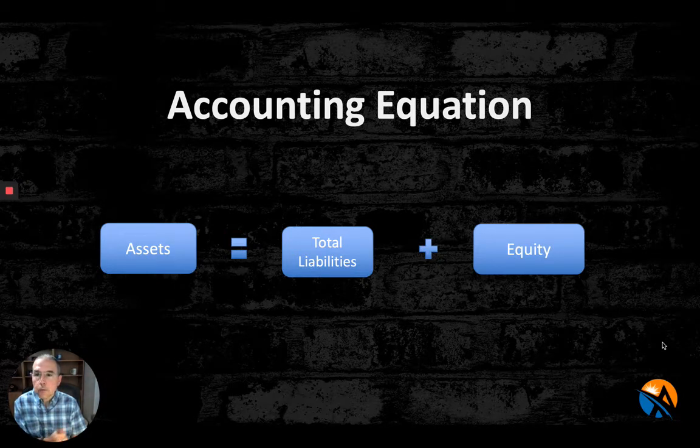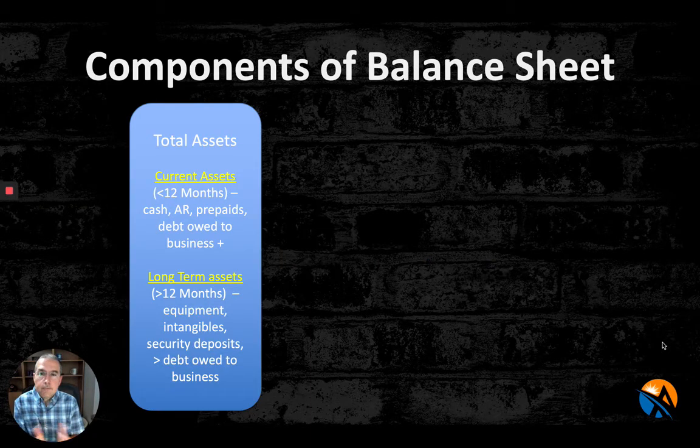So let's go through the components of what a balance sheet would look like. First, you start with your total assets. This is your home in my analogy earlier. What you would do is you would break down your assets into two main sections. One is going to be your current assets, and the other one's going to be your long-term assets. What that really means is that my current assets are anything that I can turn into cash within a 12-month period.